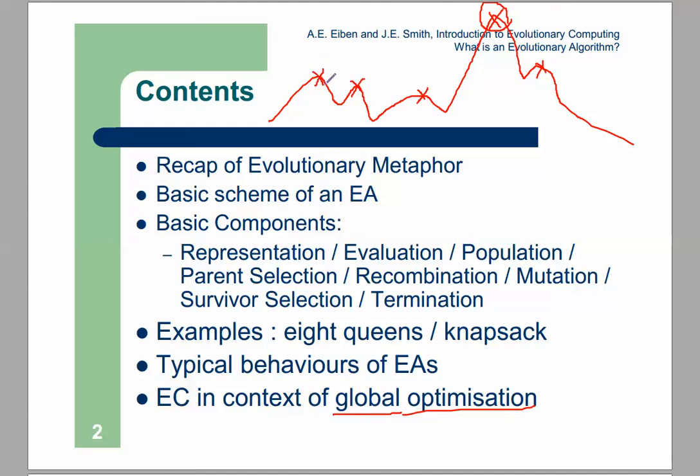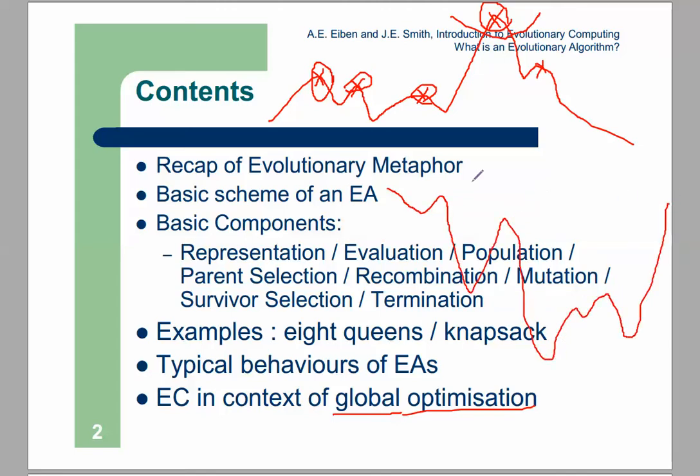Sometimes EA finds one of these local maxima, and it is not desirable for us. We want to find this solution. Or sometimes we want to find the minimum of, for example, an error. We want to find the minimum value of the error.